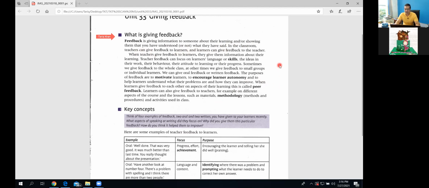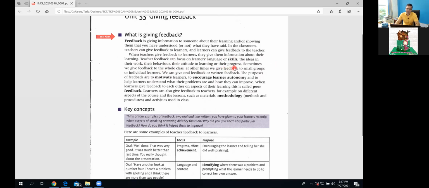In the classroom, teachers can give feedback to learners and learners can give feedback to the teacher. It is both ways. When teachers give feedback to learners, they give them information about learning. Teachers' feedback can focus on learners' language or skills, the ideas in their work, their behavior, their attitude to learning, or their progress.